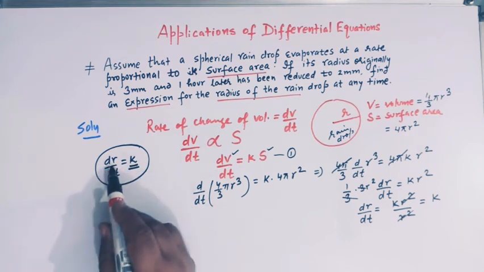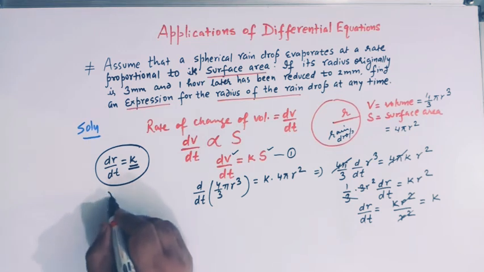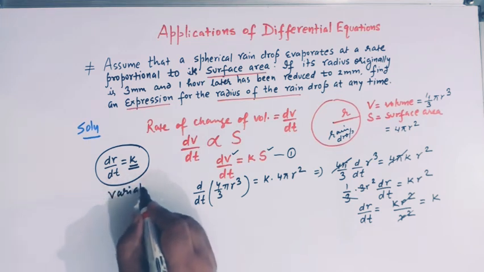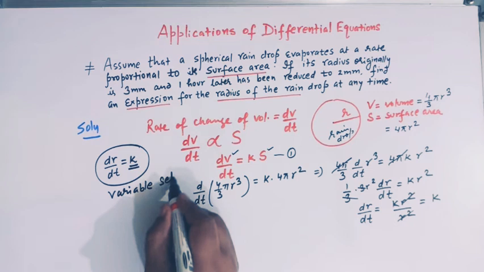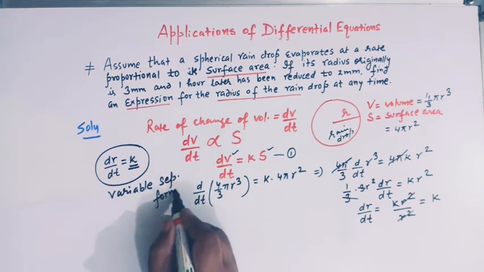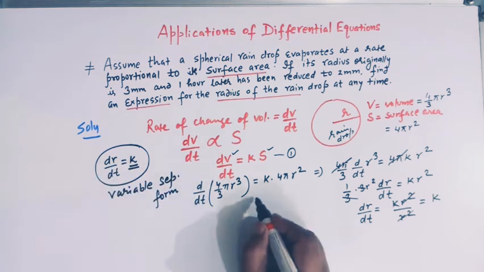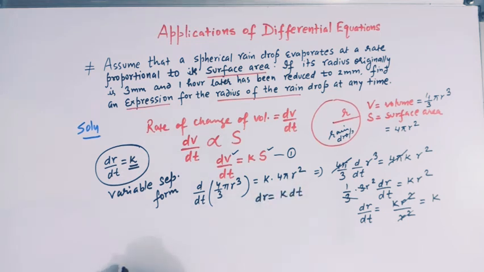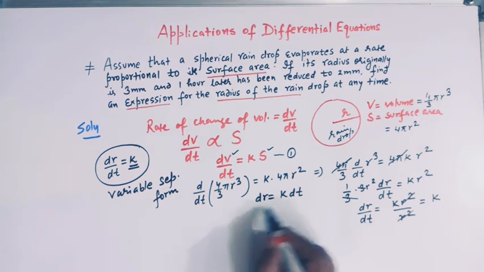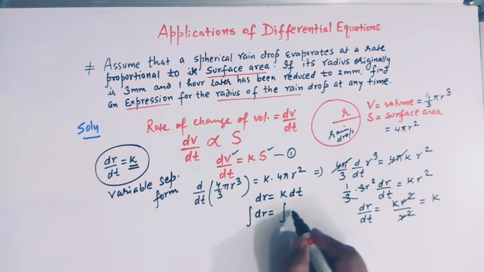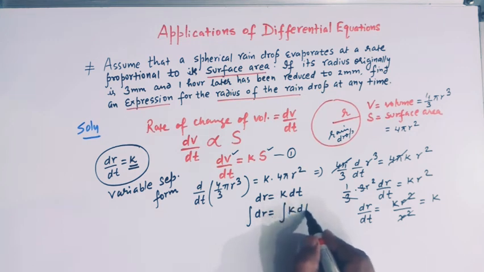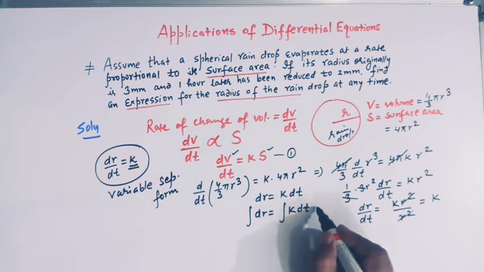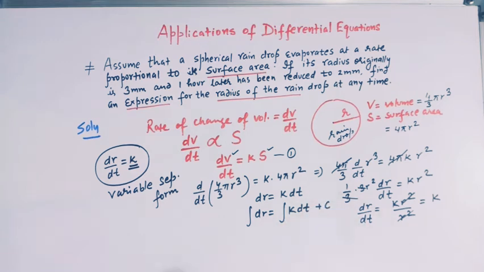This is in variable separable form, so separating the variables we can write dr is equal to k dt. Now integrating both sides, we have integral dr equal to integral of k dt plus a constant of integration c.